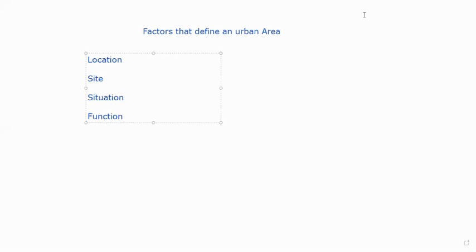Then Gujarat of Pakistan is famous for electronics, especially small consumer electronics like fans and washing machines. Then Karachi is a multi-function area. So this is the factor of function. So these are the things which define any urban area.